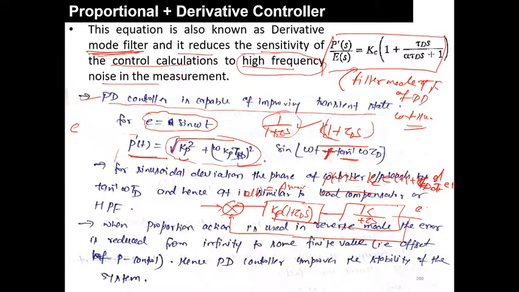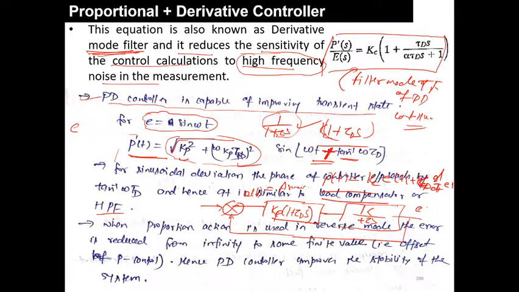In the case of the integral controller, it was a minus sign, and therefore that was the LPF, low pass filter, and lag compensator. However, in this case, since it is positive, it reflects a lead compensator and also a high pass filter. So sin of omega t plus tan inverse of omega tau d is a lead compensator, and it behaves like a high pass filter.